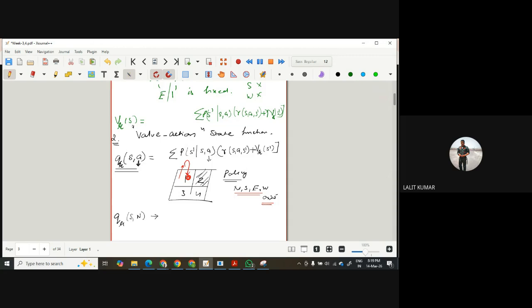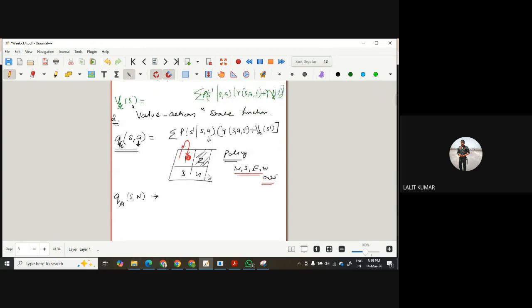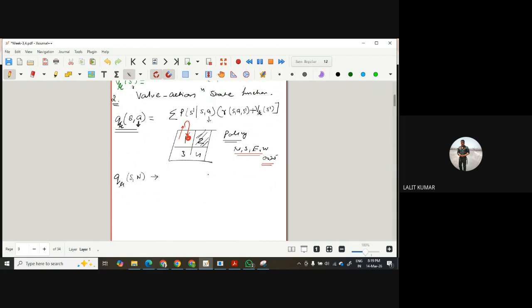Remember, here it is V pi, because after the first action I am following the policy. I will take the actions as per the policy. This is important.